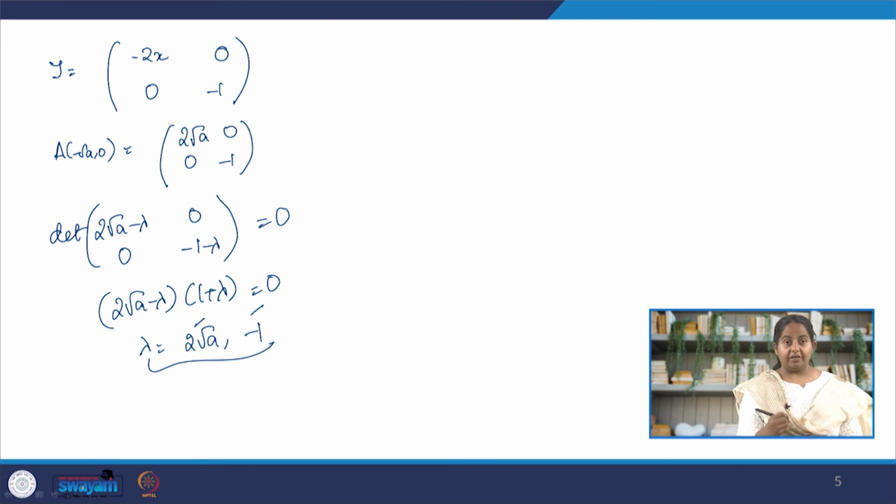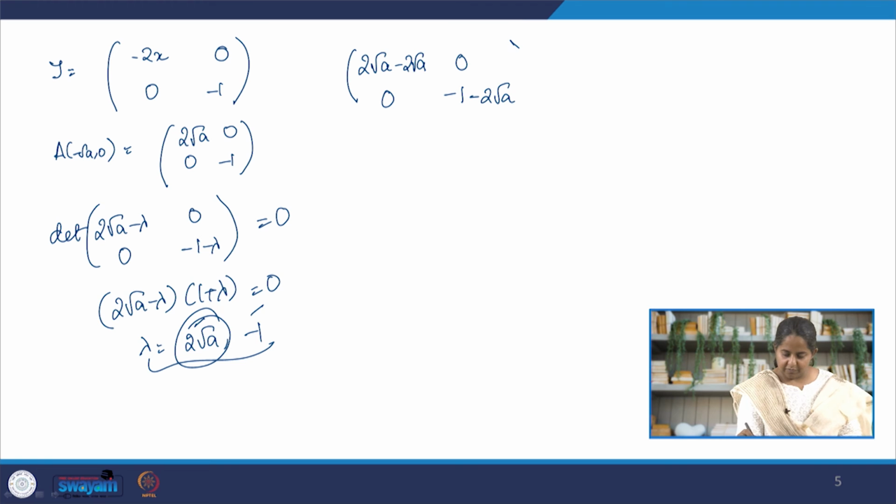Clearly now we want to find the corresponding eigenvectors. So let's first find it for 2 root a. What we get is 0, 0, 0, 0.